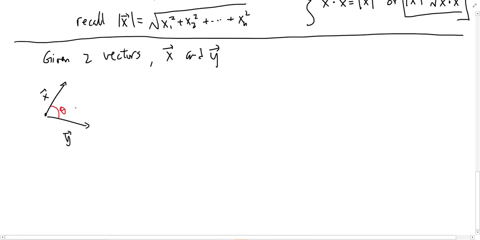So now the question is, is there an association? How do we find the association between the two vectors and the angle between them? So angle theta would be the angle between vector x and vector y.